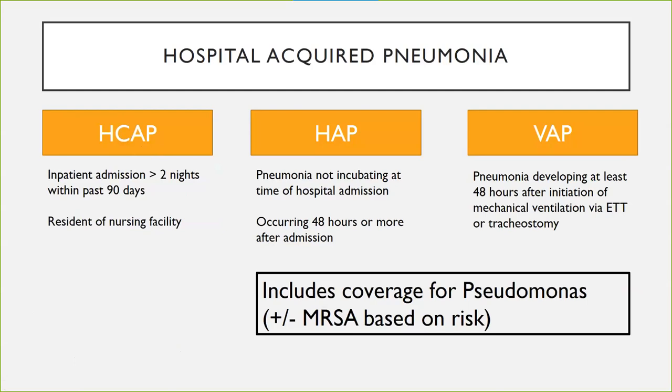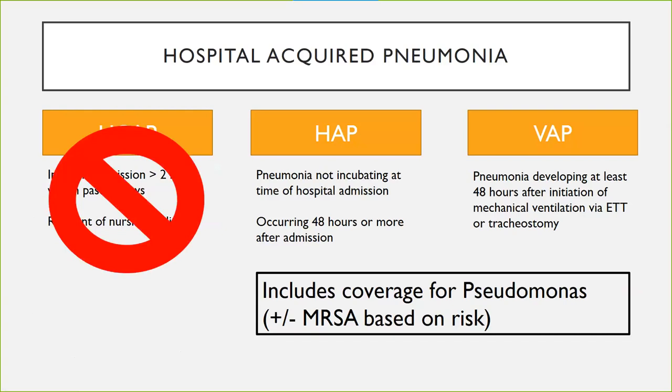In 2016, though, they updated the guidelines, and we don't have HCAP anymore. Further studies showed that the microbiology of patients in this category was really more similar to community-acquired pneumonia patients, and so those patients are treated more like community-acquired. So now we just have community-acquired pneumonia and then HAP or VAP.